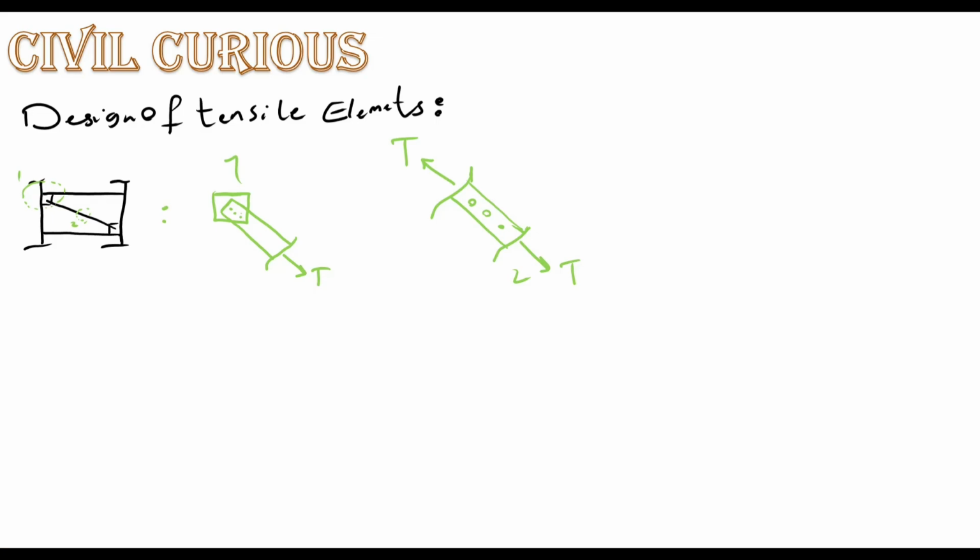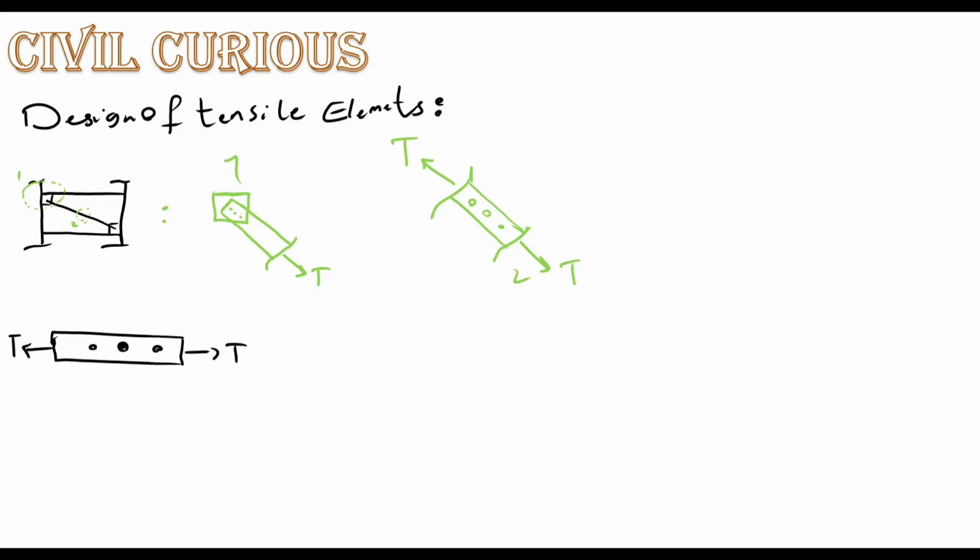Okay, we have another case. For example, we have a tensile element, which is a plate for us, and which is under 2 tensile forces, you see, and has 3 holes.